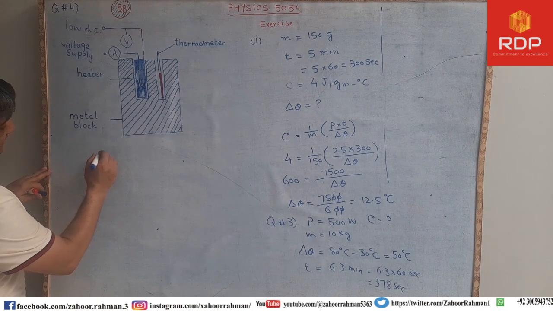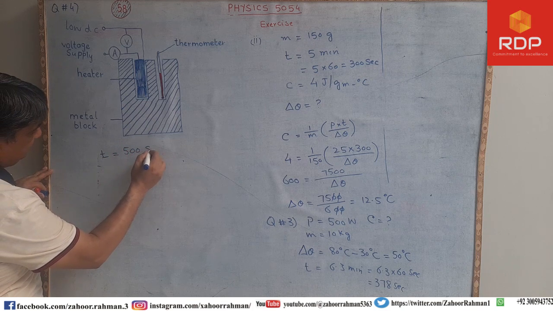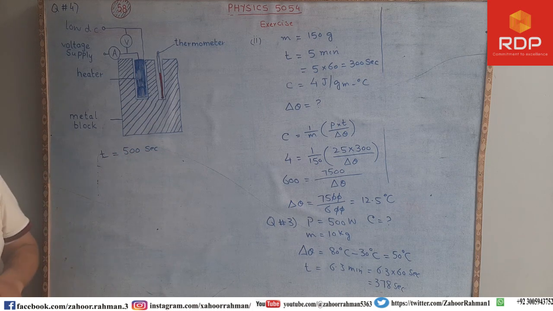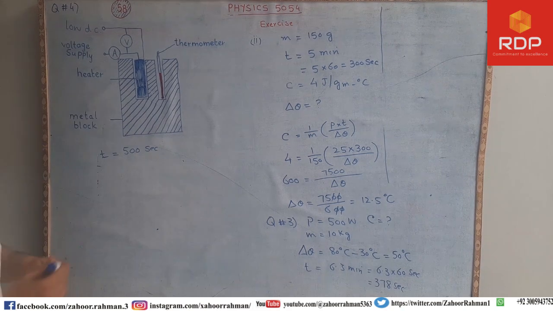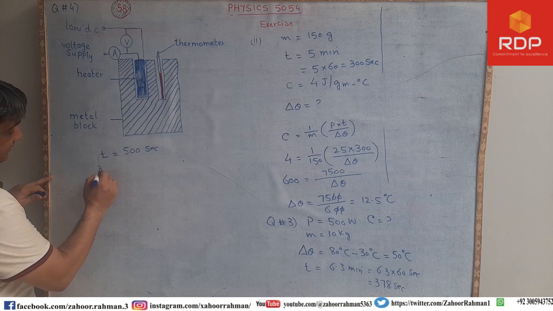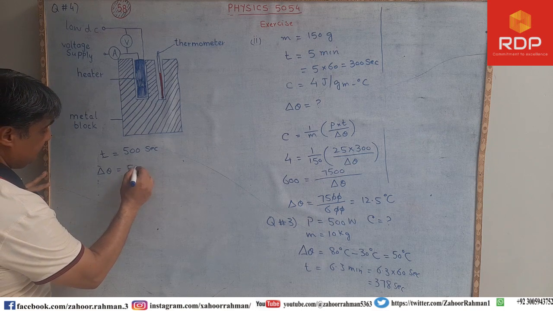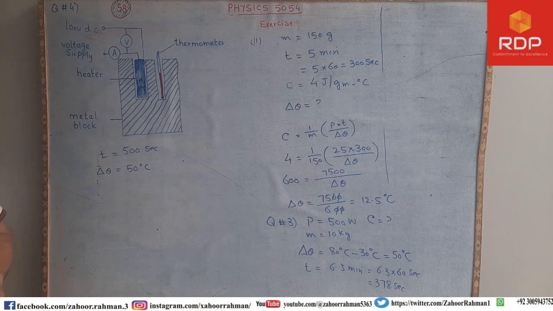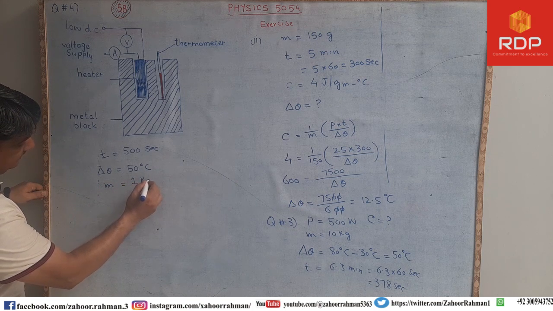So let us write that T is equal to 500 seconds. And the given data is change in temperature, that is delta theta, and that is 50 degrees Celsius. And they gave us the mass of the metal block. So M is equal to 1 kilogram.